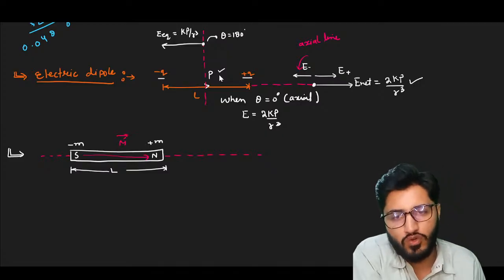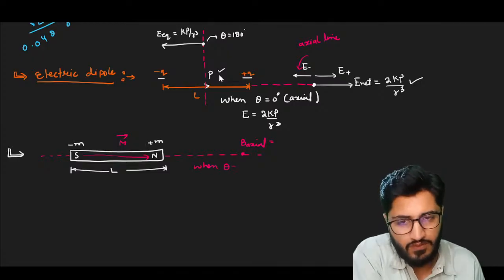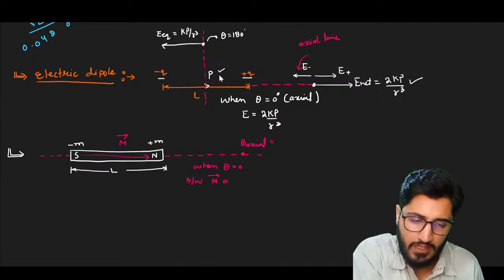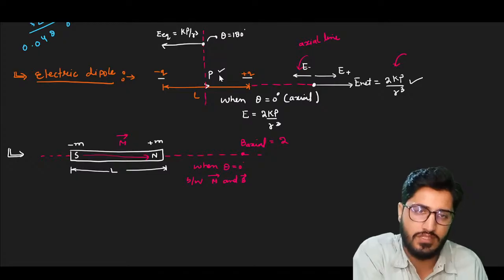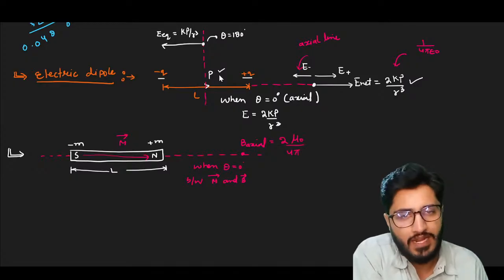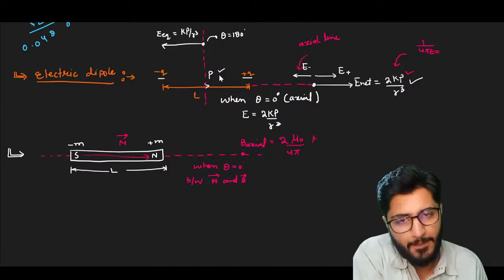Now if you want to find the magnet's B axial, that means when theta equals 0 degree between magnetic moment and magnetic field, it came out to be 2kp by r cube. What is k? Sir, k is a constant, 1 over 4 pi epsilon naught. Here the constant is mu naught by 4 pi. Same. We had p, in this case we have m. R same, it is r cube.